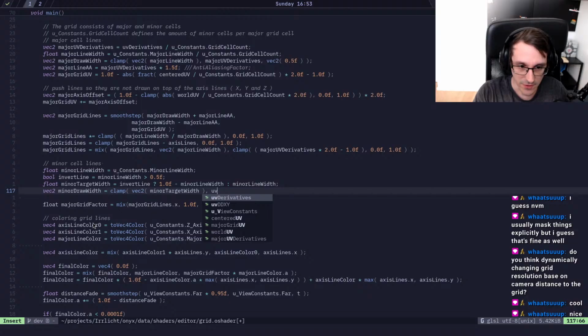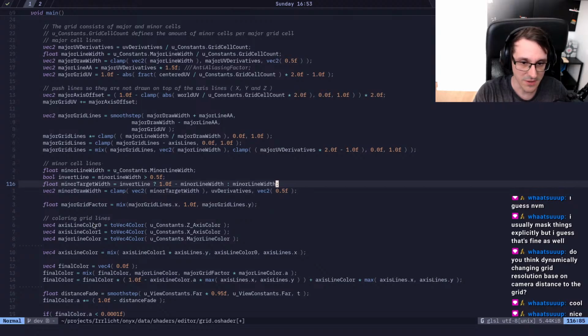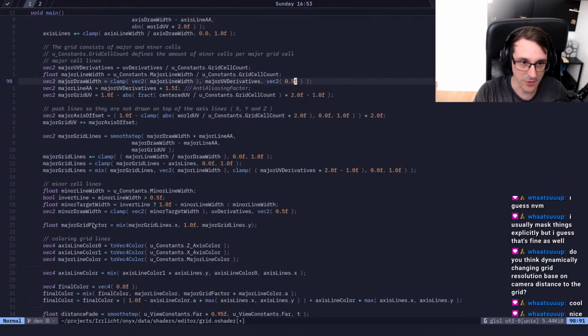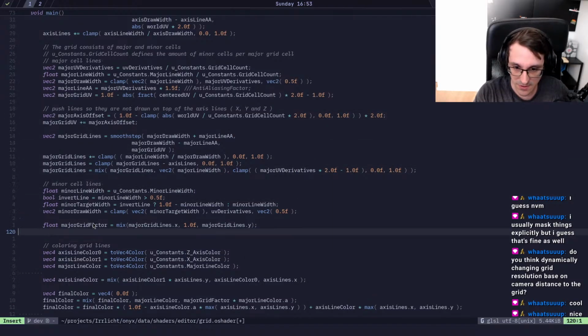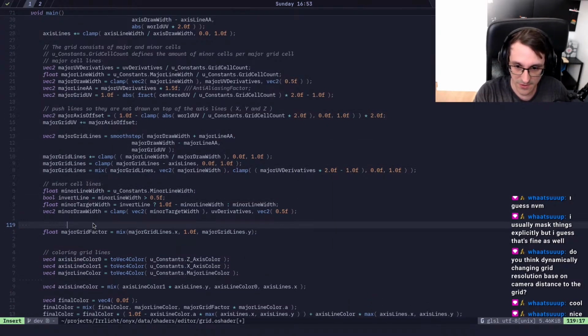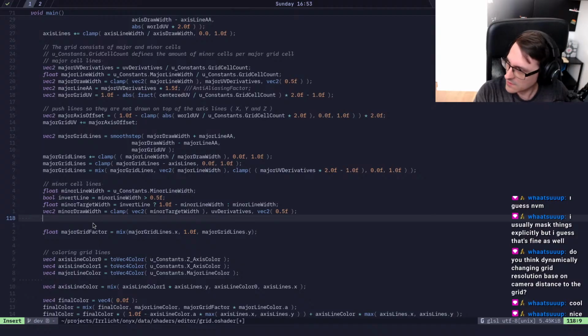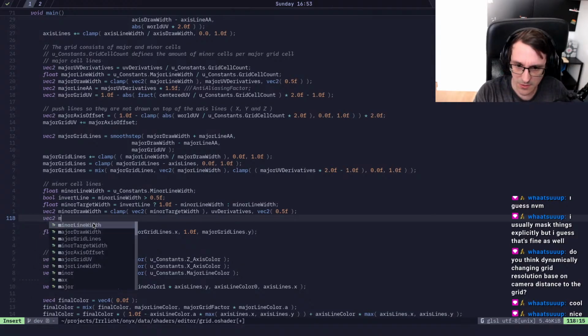And then our UV derivatives, and again a vec2 0.5. And that's basically, as you can see, the same thing as we have here. And then we basically copy paste, it's very much the same principle, which is why I think we might be able to encapsulate that into a function.